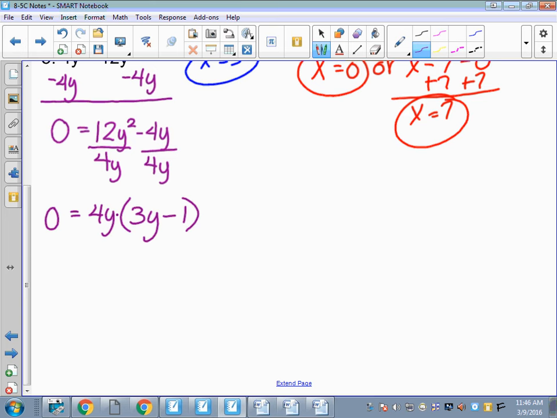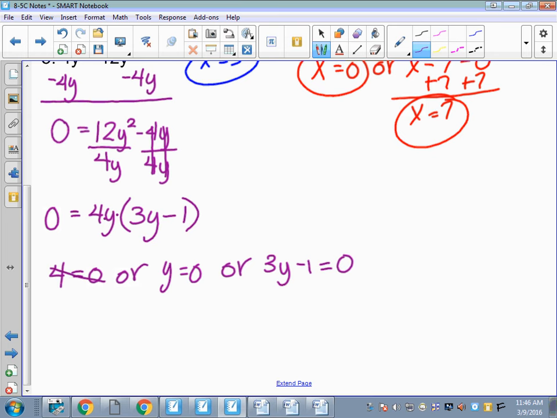Remember, when you factor a 4y divided by a 4y, the 4s simplify to 1, the y's simplify to 1, so that becomes a negative 1 there. I have a product that equals 0. I can say 4 is equal to 0, or y is equal to 0, or 3y minus 1 is equal to 0. Technically, I'm multiplying three things together there. 4 times y times 3y minus 1.